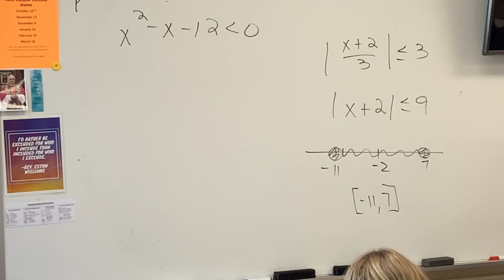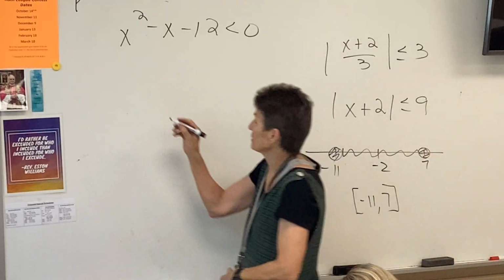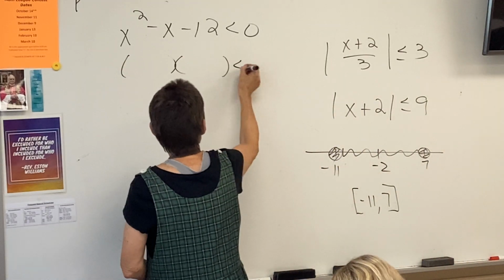Then we factor it. Absolutely, we should factor it. Now, if it doesn't factor, then I will have to find my zeros using another method, like the quadratic formula or completing the square. But since this one does factor, we'll just do that.